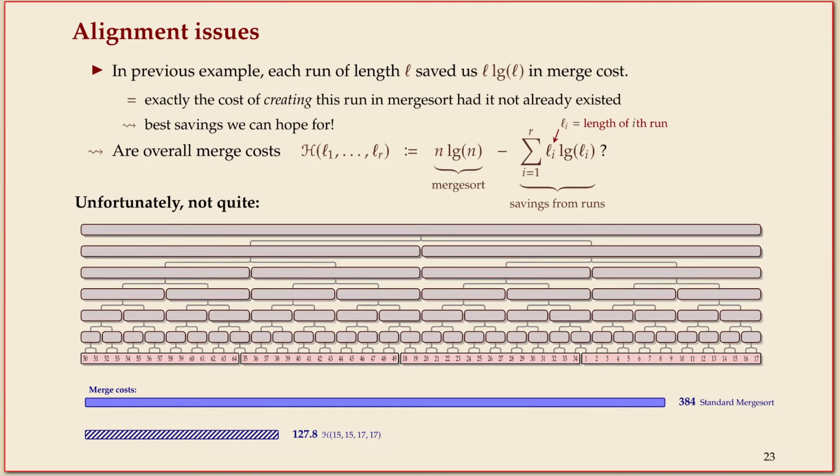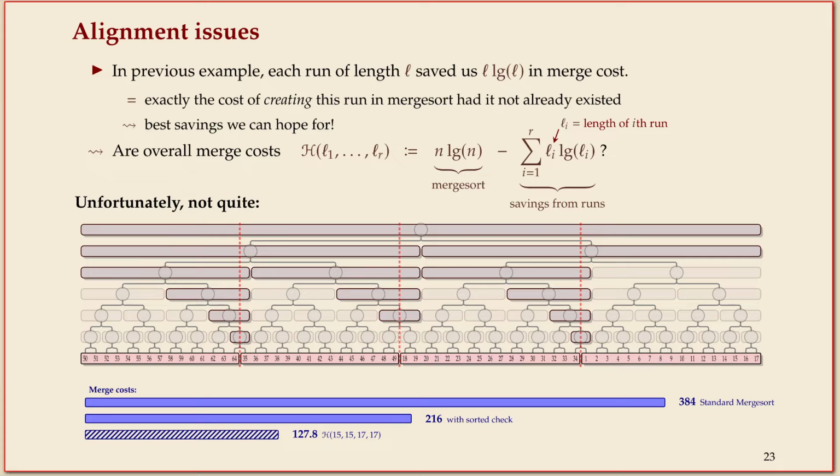And if you look at a different example, here you have, again, 4 runs and 64 elements in total, but the length of the runs is slightly different, 15, 15, and then 2 times 17. Standard merge sort is the same as before. This H value is almost the same as before. Remember, it was 128 on the previous slide, when all runs were of length 16.